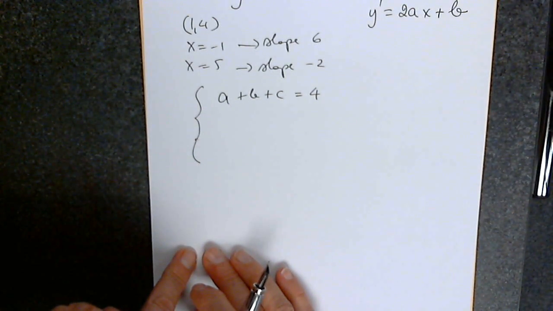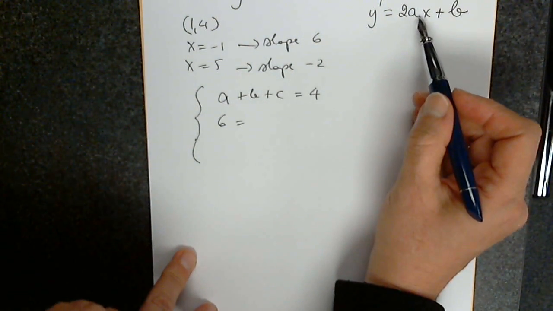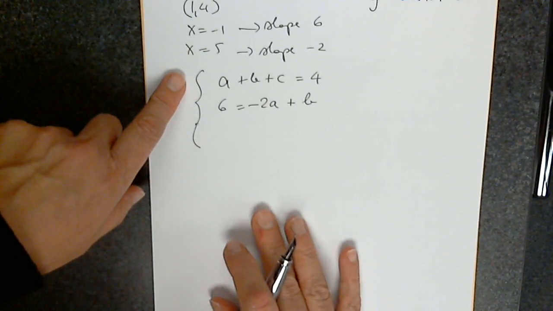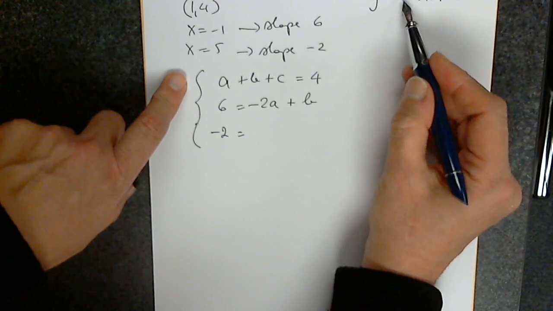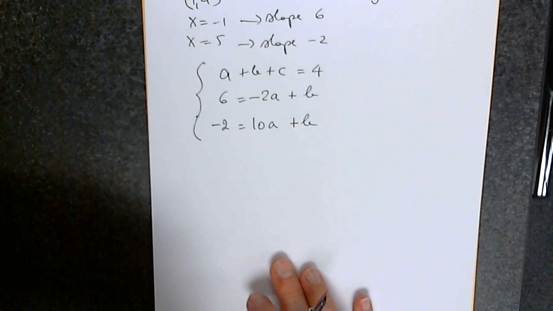You have 6 equals -2a plus b, and -2 equals 10a plus b. Excellent. Do we all agree with these 3 equations?